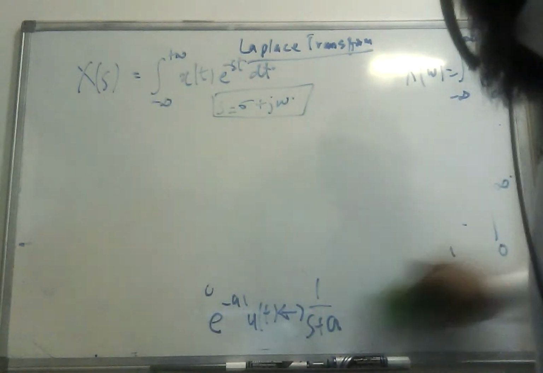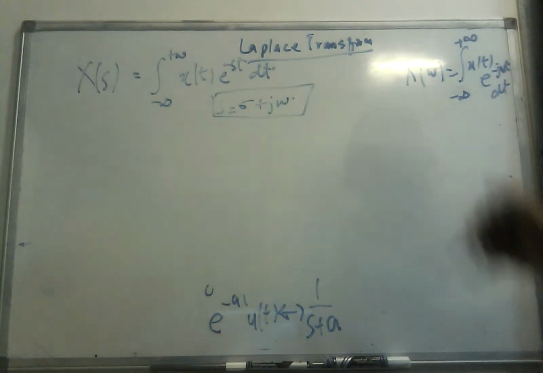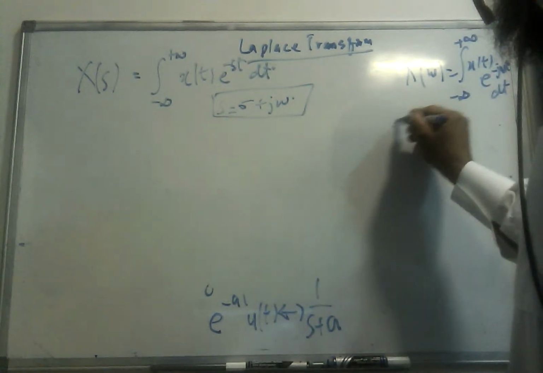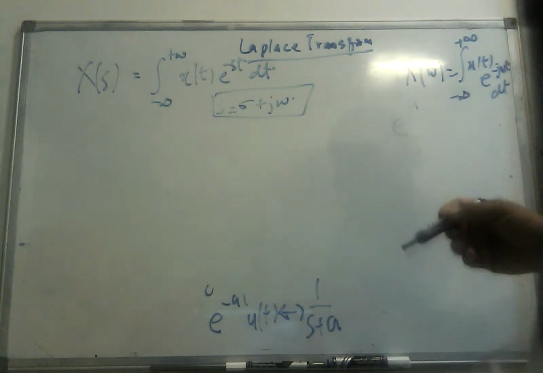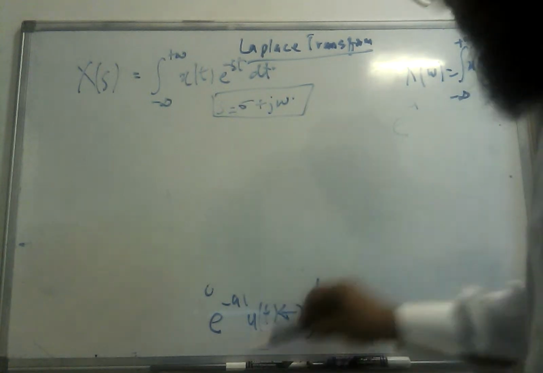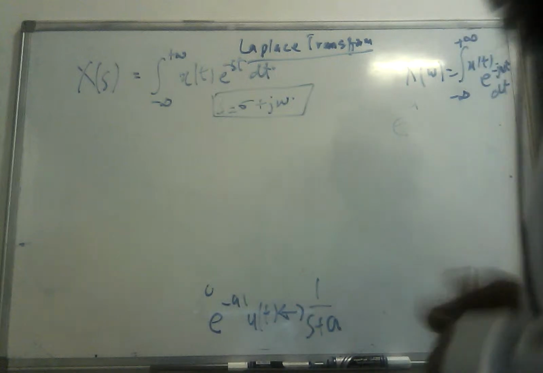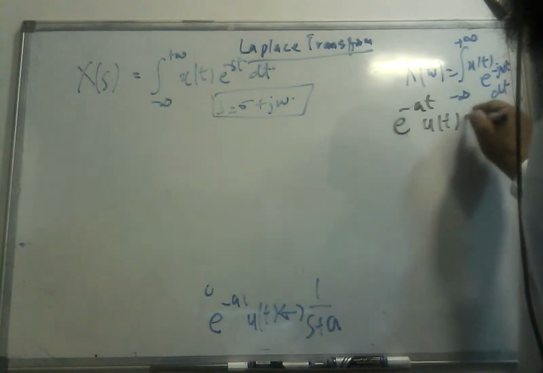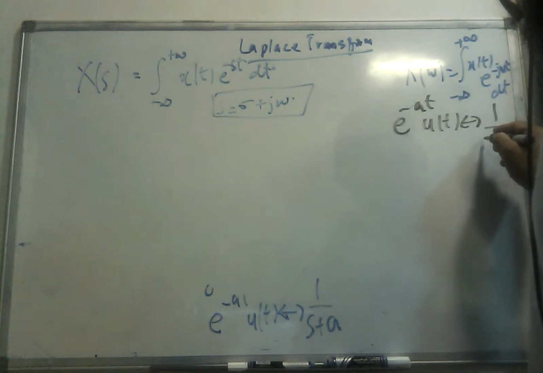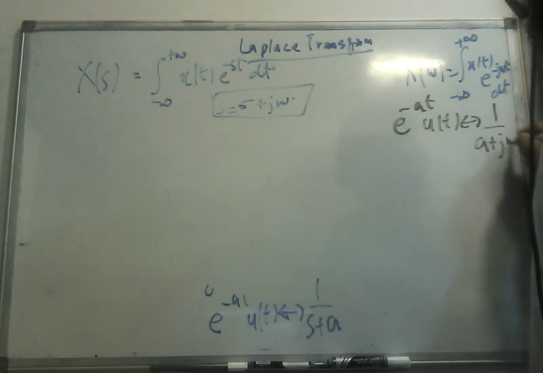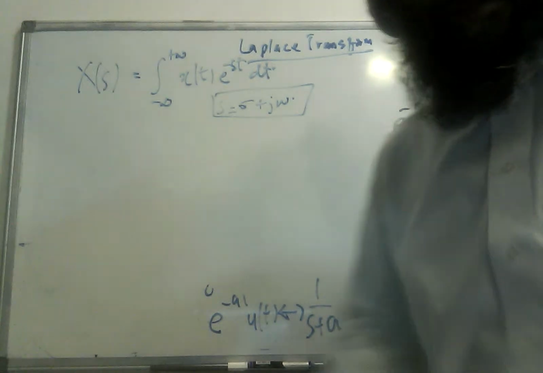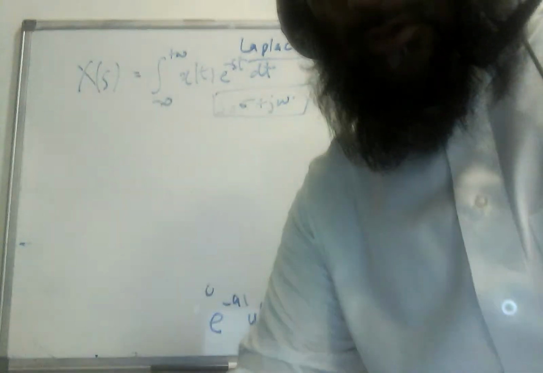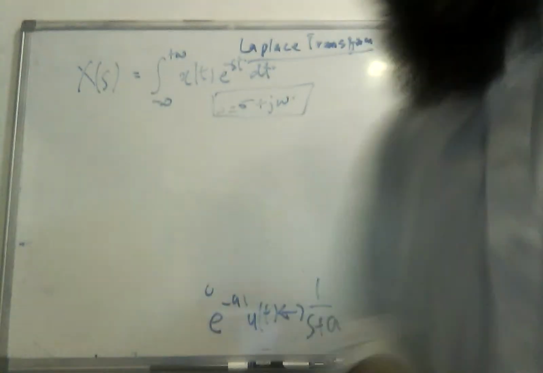So I have this relation here. Now, I also know from my Fourier transform that the Fourier transform of e raised to the power minus at u of t is 1 over a plus j omega, right? This we know from our knowledge of Fourier transform.